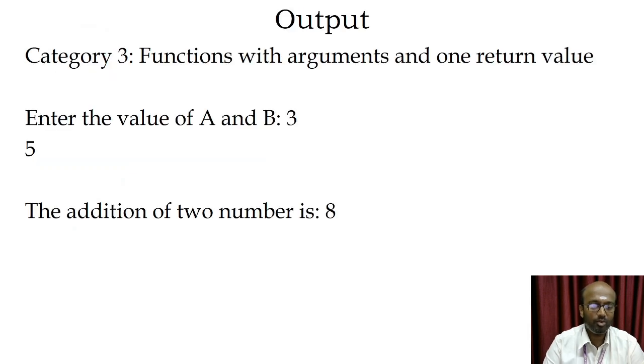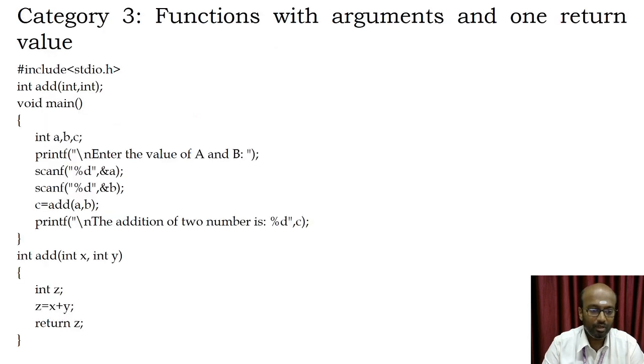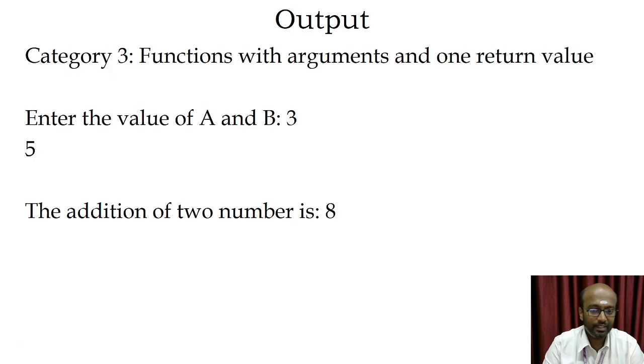And this is the output. Category 3, functions with arguments and one return value. The values of a and b are passed to x and y. So x and y are added and the value is stored in z, and it is returned to c, and the output 8 is printed.